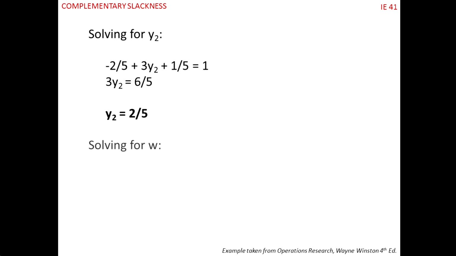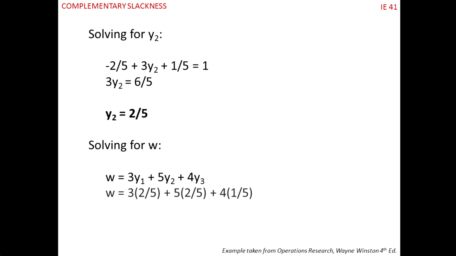Substituting our values to the objective function, w is equal to 3y1 plus 5y2 plus 4y3. Substituting, we get w is equal to 3 times 2/5 plus 5 times 2/5 plus 4 times 1/5, which is equal to 4. Note that you can also use the objective function of the primal LP.